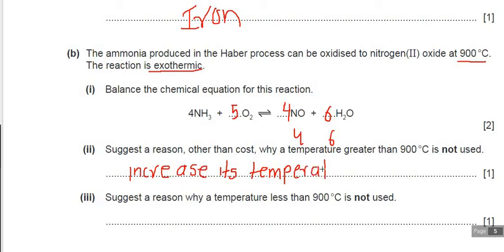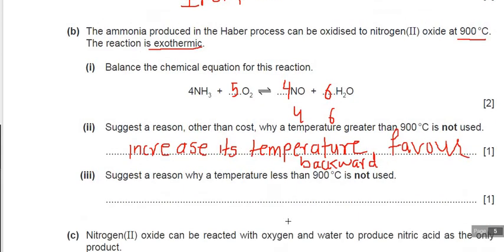So increasing temperature will favor the backward reaction, meaning product will start forming reactant, and we are interested in the product. So we will get less product, which we don't want. That's why we are not using a temperature more than 900 here.